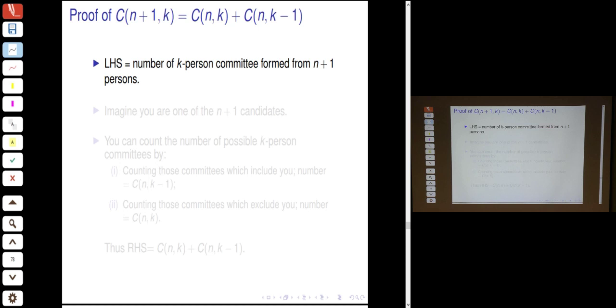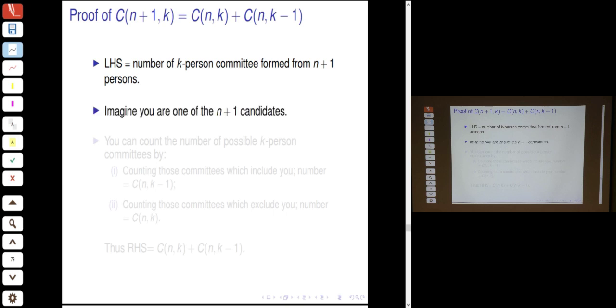So the left-hand side, n plus 1 choose k, is exactly the number of k-person committees formed from n plus 1 persons. This is one way of counting. Now I want to count the number of ways to form a k-person committee in a different way, hopefully giving us the right-hand side.